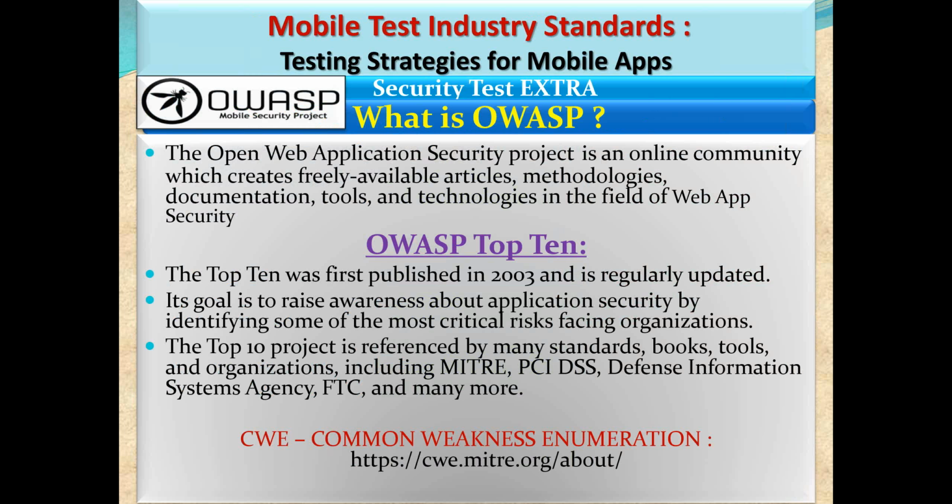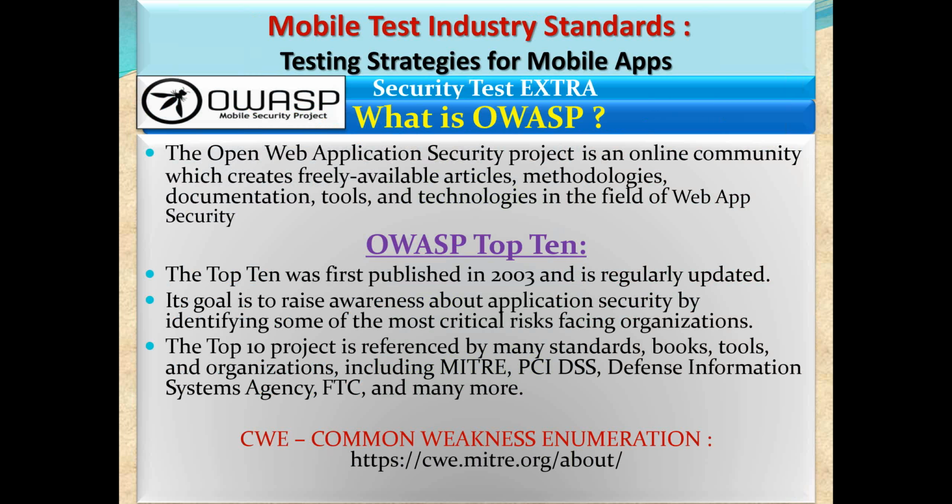So OWASP operates as a non-profit, and it's not affiliated with any technology company, which means it is in a unique position to provide impartial and practical information about application security to everybody, from individuals and corporations to universities and government agencies and other organizations.